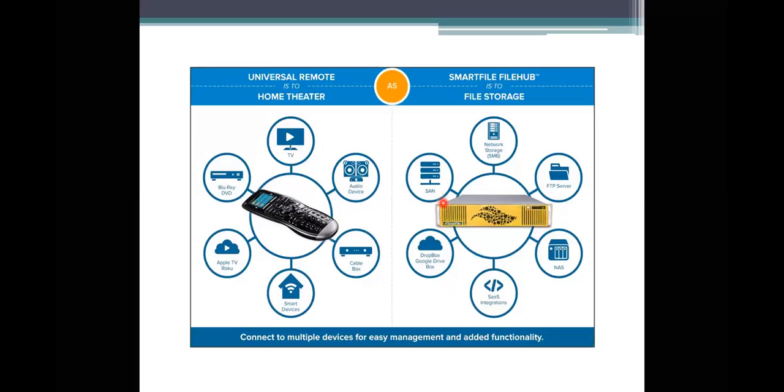Likewise, we are maintaining a smart file hub as a universal remote. What is it capable of? It is capable of file storage, so it is capable of storing the files. It is also capable of maintaining the SAN, the NAS, FTP servers, and SaaS integration.